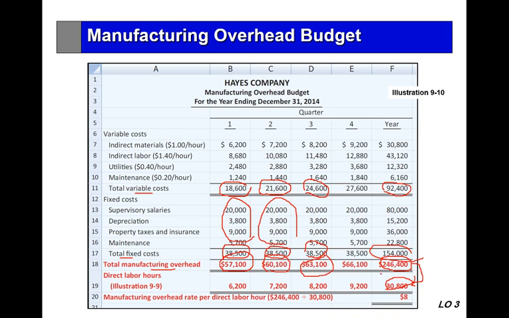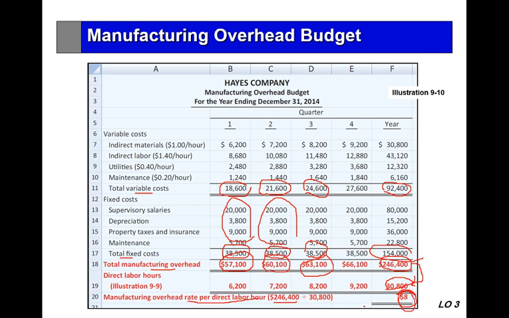We divide 246,400 by 30,800 hours to reach the manufacturing overhead rate per direct labor hour, which is $8 per direct labor hour.